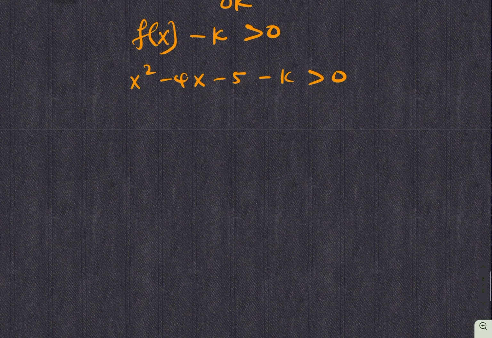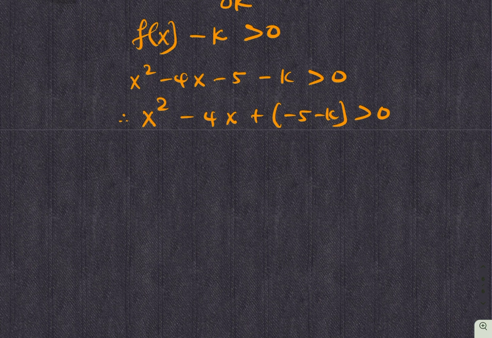This is a quadratic, where you can say this is x squared minus 4x plus the value of c. So your c here is primarily negative 5 minus k, bigger than 0. So we are looking for the value of k for which this would be positive.